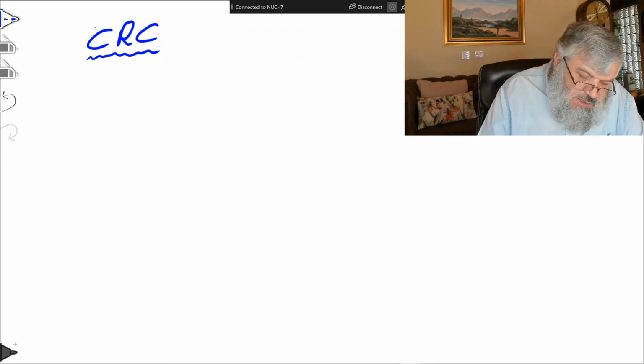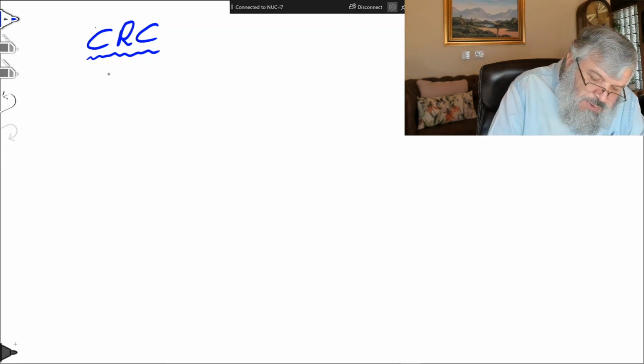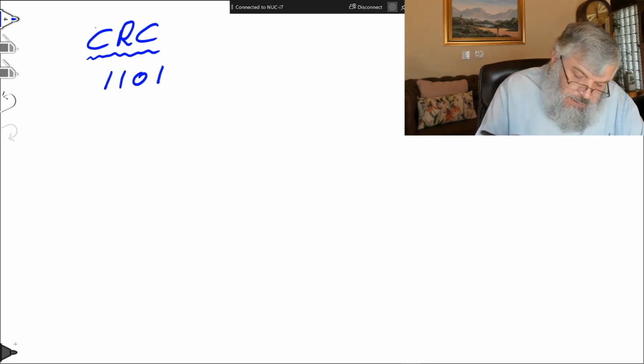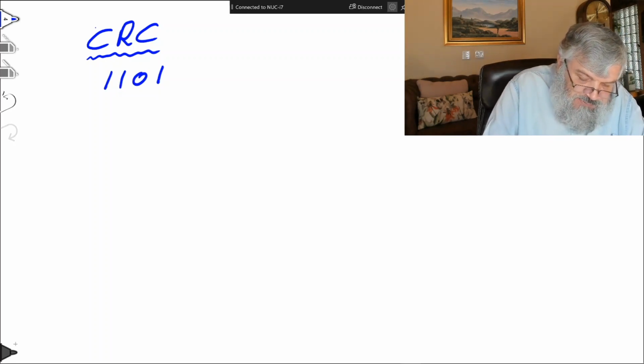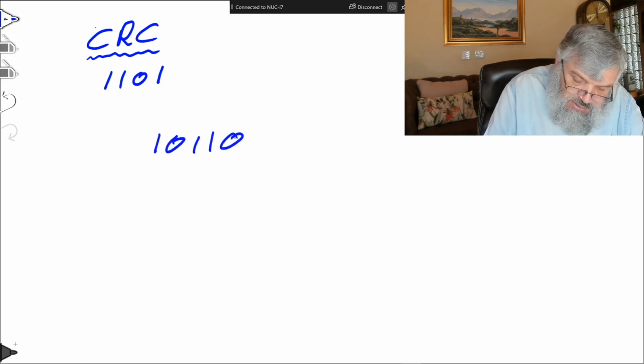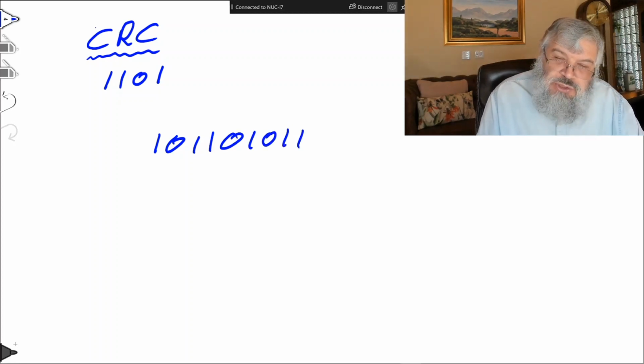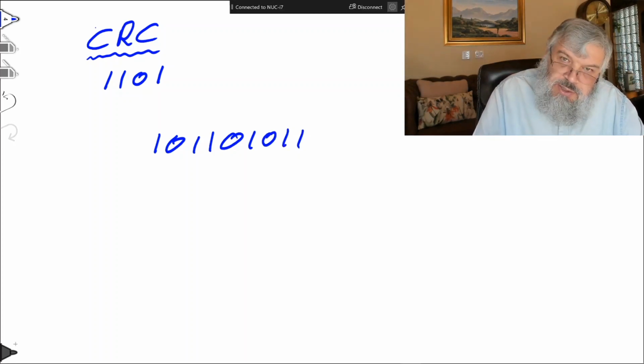To illustrate this, suppose that the polynomial that we want to use happens to be represented by 1101. Let's say we have some data value, and this is just a number that I'm writing down, and I want to protect it with this chosen polynomial.